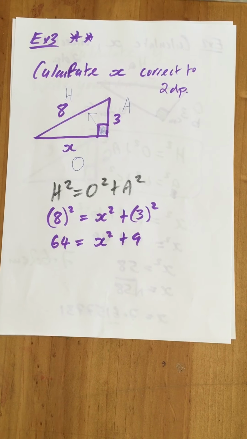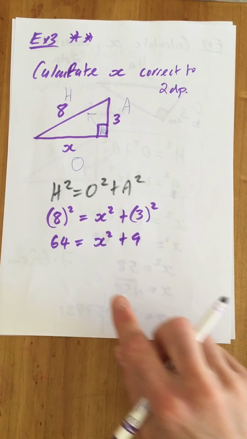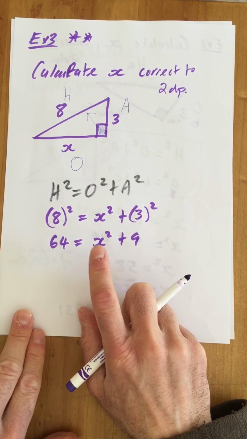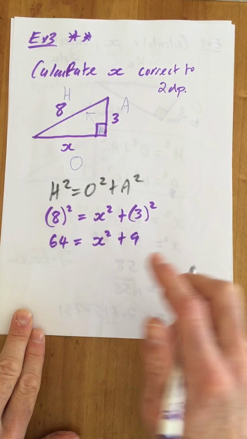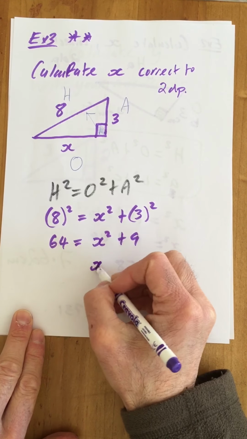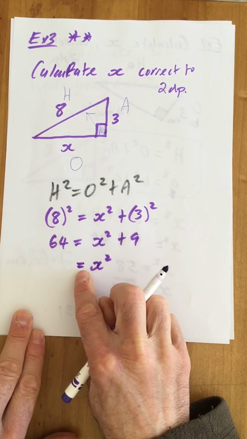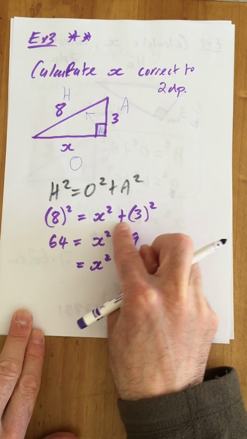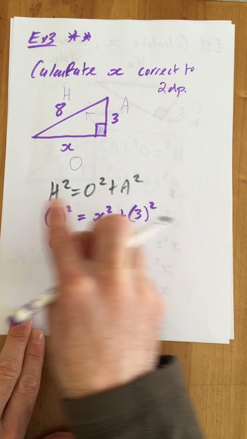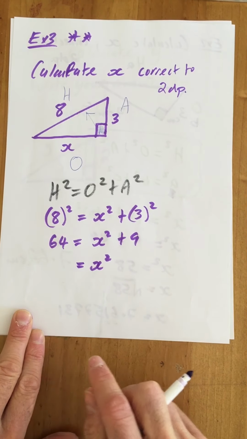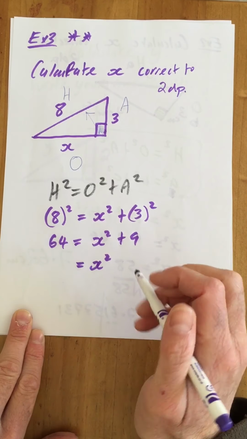Now, what we have to do in this particular example is get x squared on its own, either on the right or on the left. I'm going to leave the x squared on the right hand side of the equals, and I'm going to get rid of this add 9. To get rid of an add 9, we bring it over to the other side and do the opposite. The opposite of adding 9 is taking away 9.